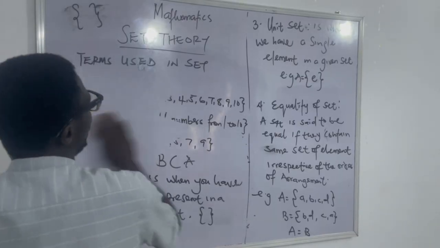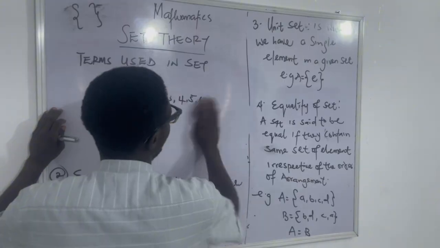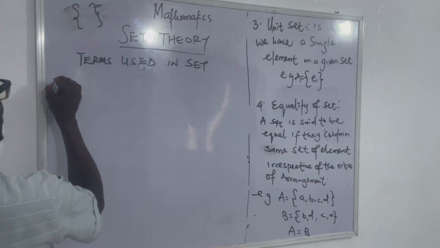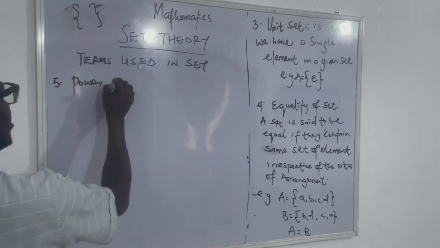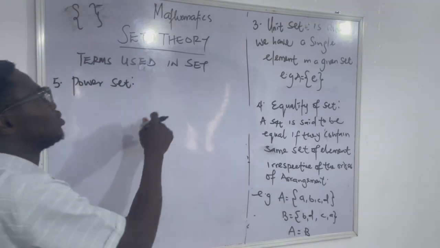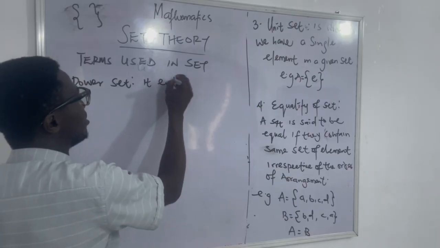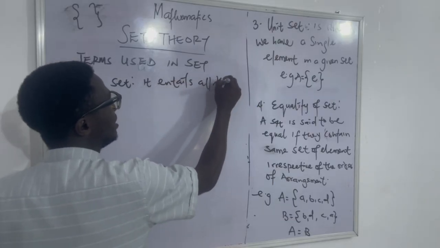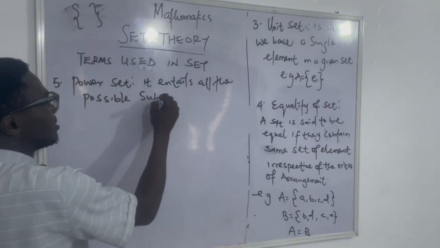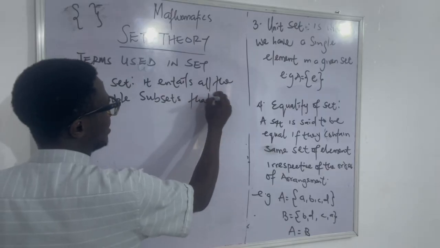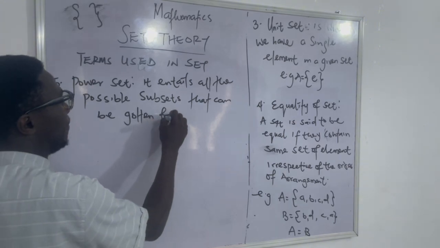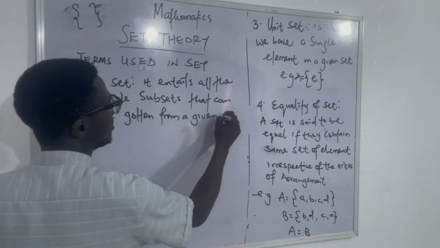Now, let's talk about power set. Power set entails all the possible subsets that can be gotten from a given set.